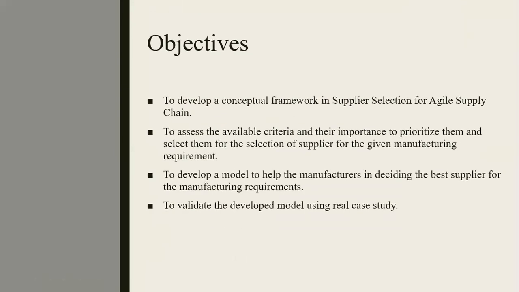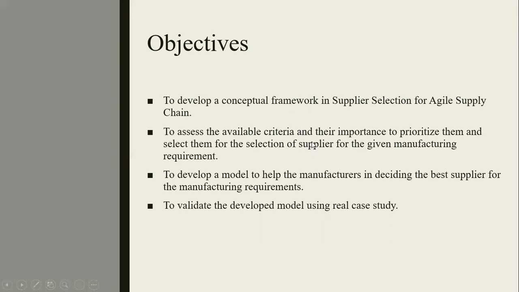Now, let's talk about the objectives of this project, which lie on 5 points. Number one is to develop a conceptual framework in supplier selection. Number two, to assist in identifying the available criteria. Number three, to assess the valuable criteria or factors and their importance.